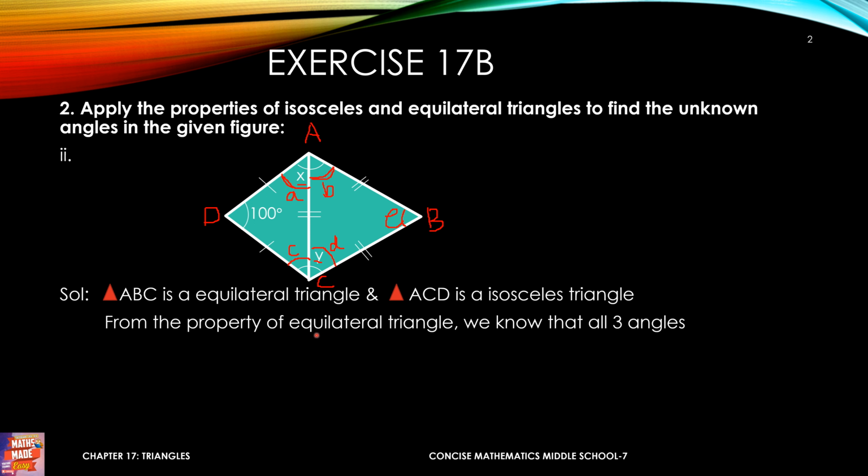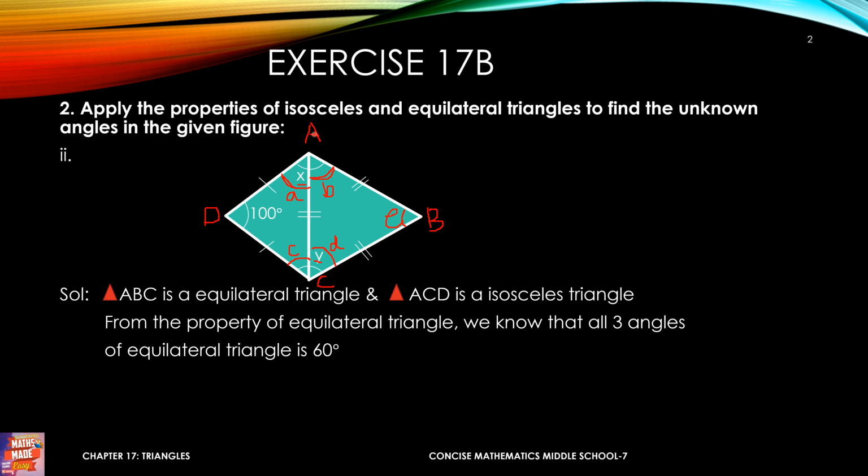So according to the equilateral triangle, we know that all three sides are equal. That means AB length, BC length and CA length are equal. But here we are going to find out the angle. For an equilateral triangle, the angles are also 60 degrees. Always the angles are 60 degrees, children. For equilateral, you can always just remember this.